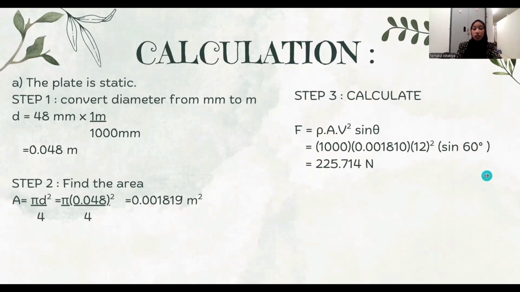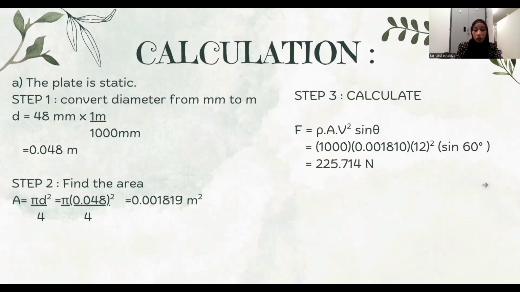Finally, we calculate the force exerted by the fluid using the formula F equals density times area times velocity squared times sin theta. Substituting all these values into the equation, the force acting on the static plate is 2025.714 newtons.